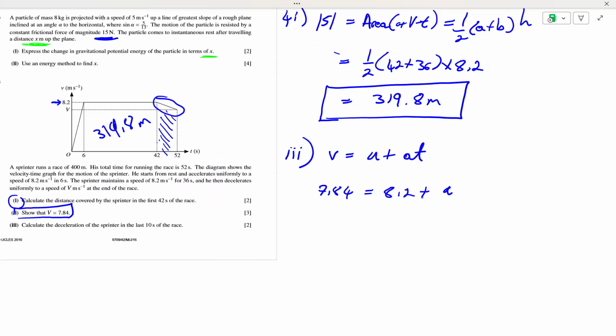In this case, it's going to be deceleration, a negative acceleration. And the time is 52 minus 42 seconds.